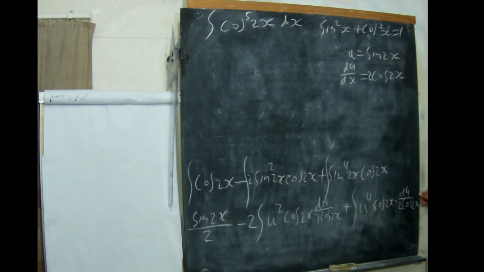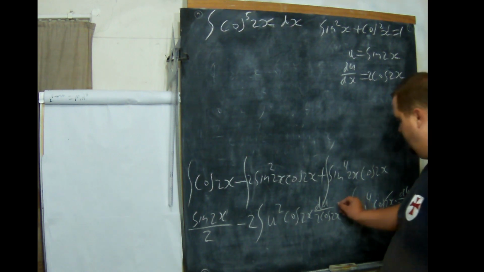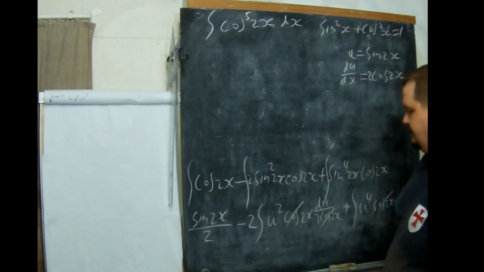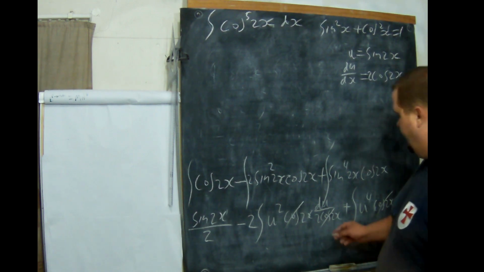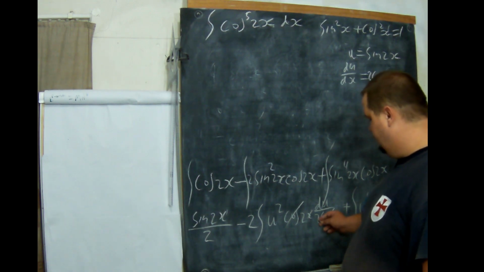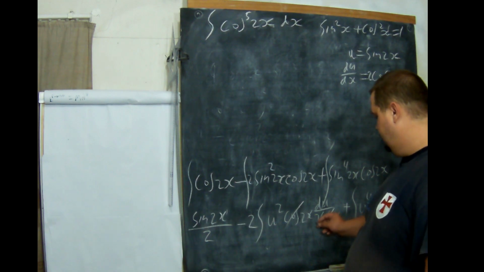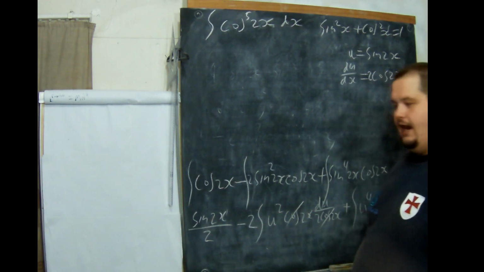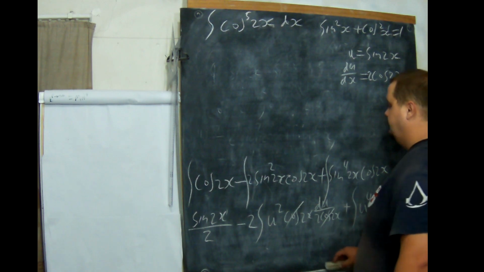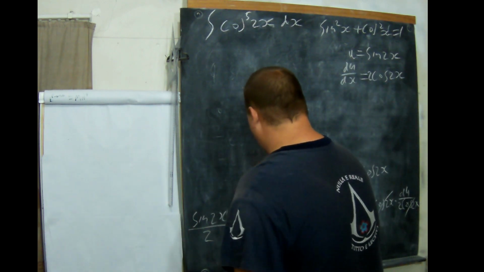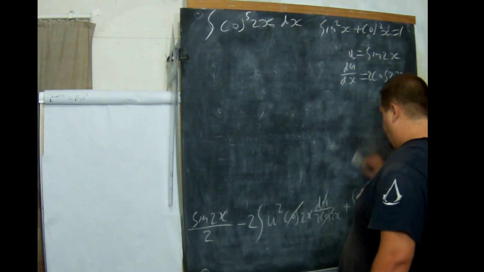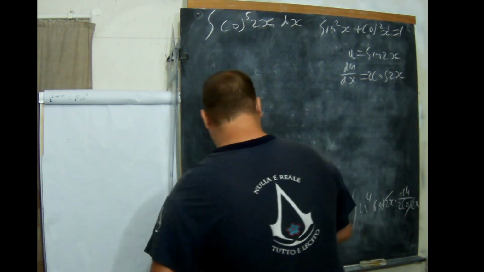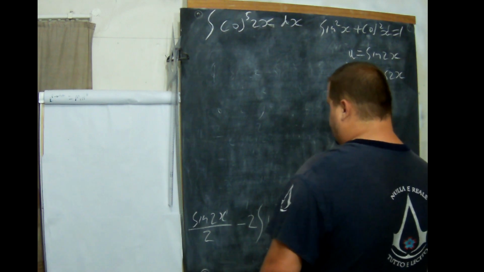Right. Cos 2x and cos 2x cancel. Now in this case, we are left with 2. 2 divided by 2 is 1, so that cancels.